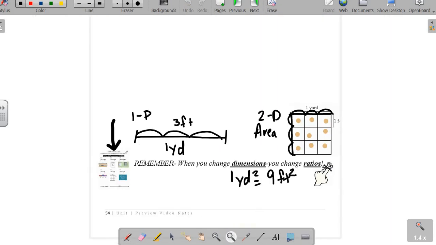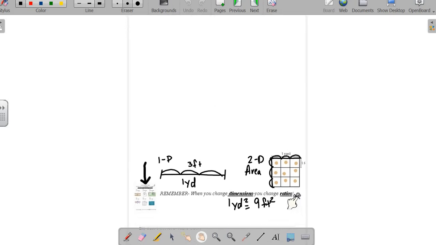So let's come up here. Now we're going to work on how is this patio. If we're going to go buy cement, how much do we need? So our length is 15 feet and our width is 12 feet. So concrete is a concept of area.